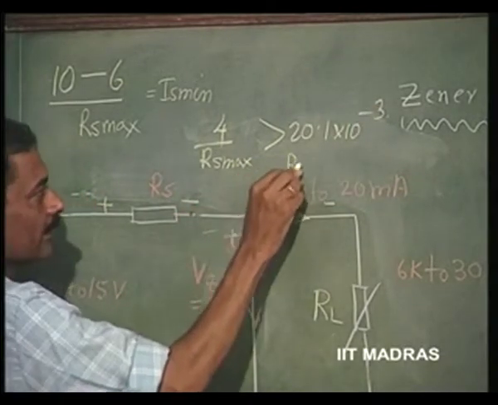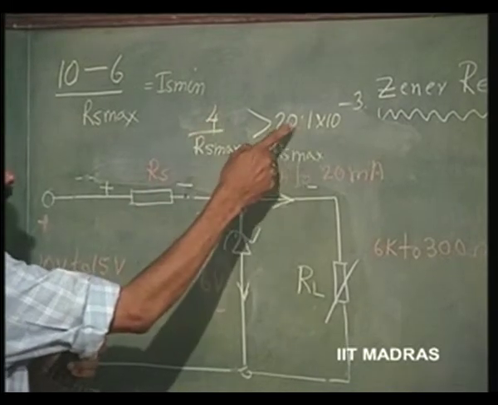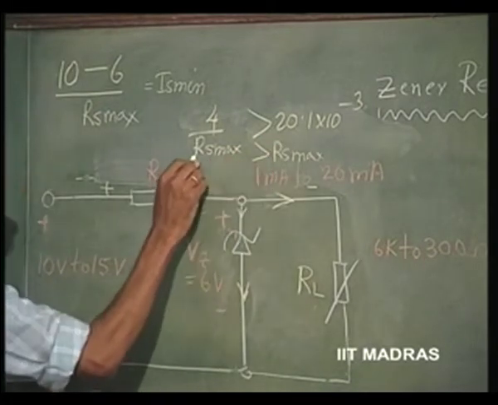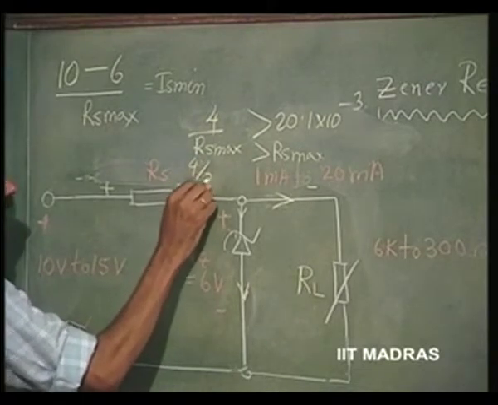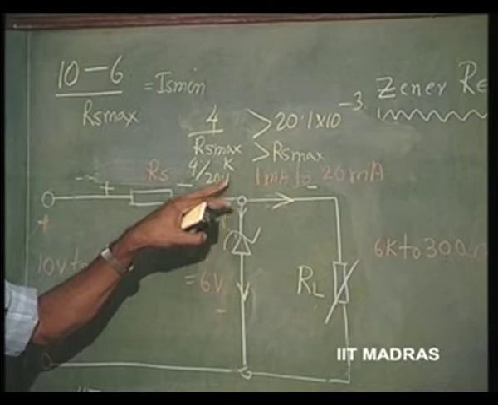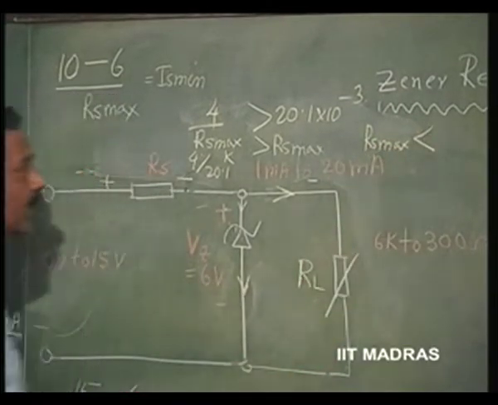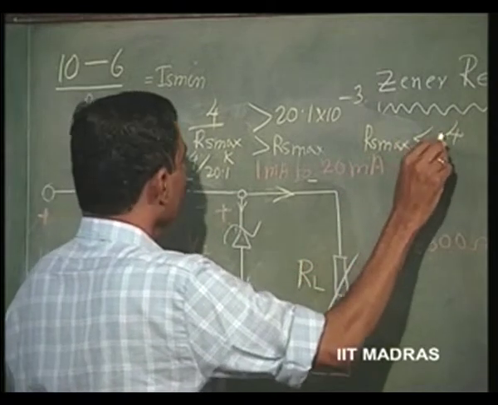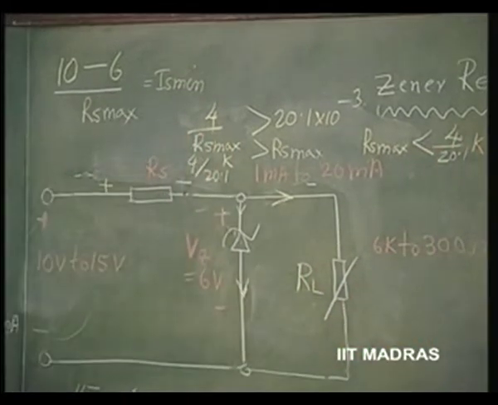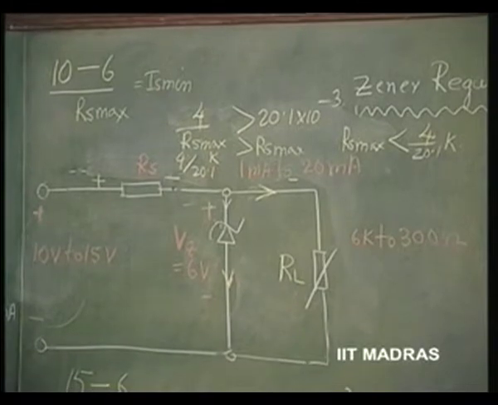So, Rs max will be 4 divided by 20.1 milliamperes, that is 4 divided by 20.1 K. Rs max should be less than 4 by 20.1 K. Is this clear? Now, that is that equation.